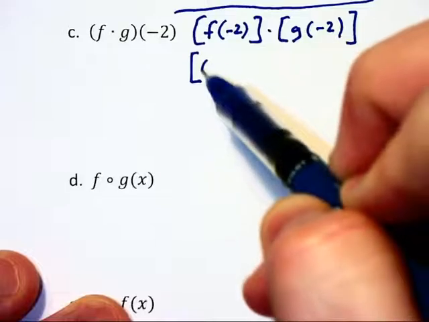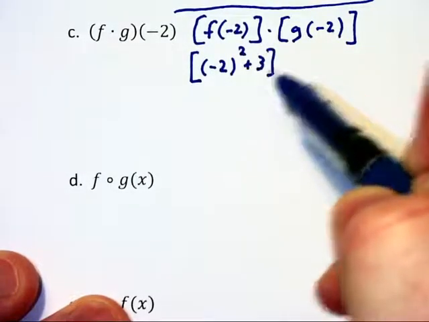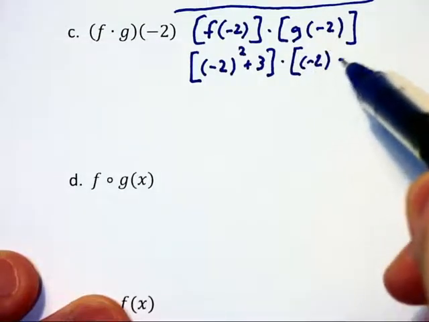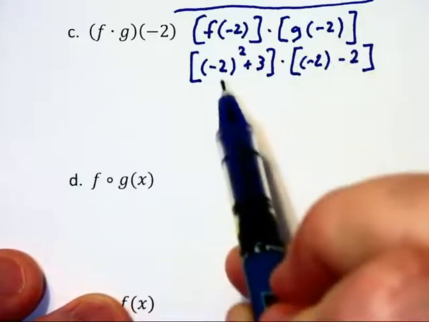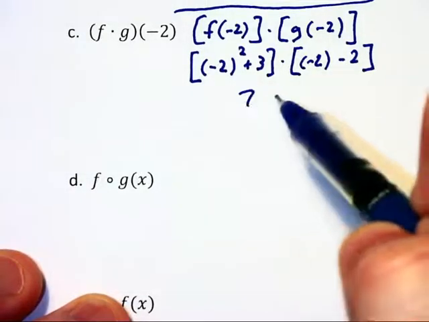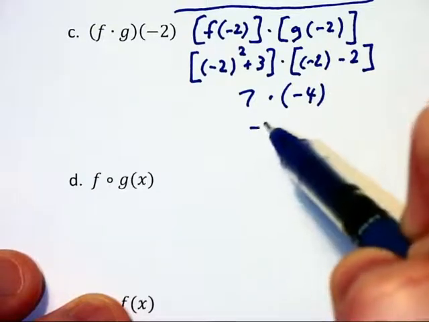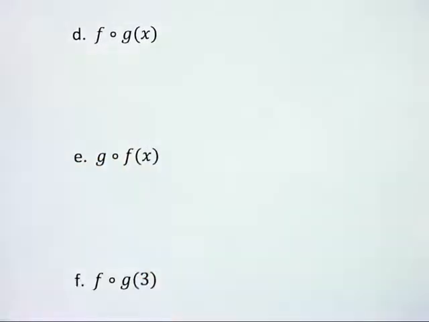And so we're going to have negative 2 squared plus 3 times negative 2 minus 2. So our first expression is going to equal 4 plus 3, which is 7, times negative 4, and that will give us negative 28.